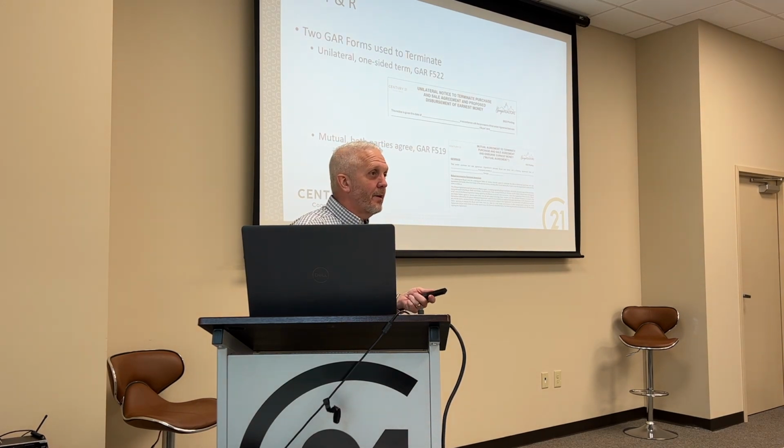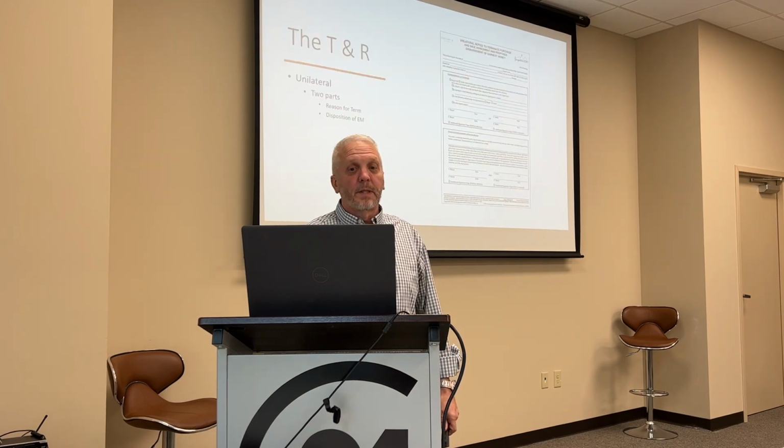Anytime unilateral, there's going to be some disposition of the earnest money funds as a part of that document. And anytime it's a mutual, there's going to be some discussion about who's getting commissions, okay? Because remember, unilateral usually means nobody's entitled to a commission, but mutual typically does have a commission involved, okay?